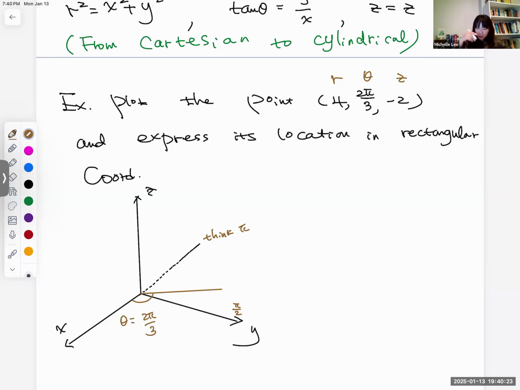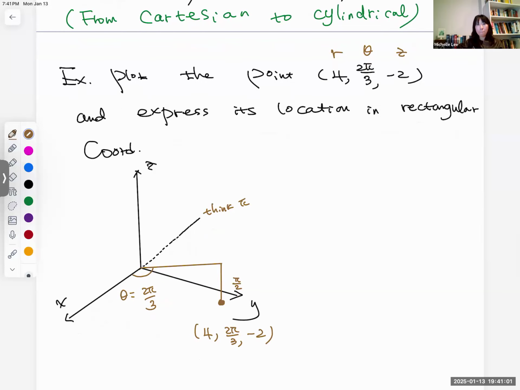And then z equals negative 2, so we make a line parallel to the z-axis and measure 2 units down, right? So parallel with the z-axis, 1, 2. So there will be the point 4, 2 pi over 3, and negative 2. Oh, you cannot see. All right.